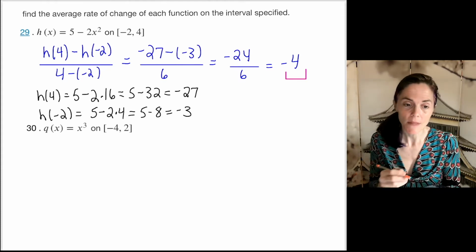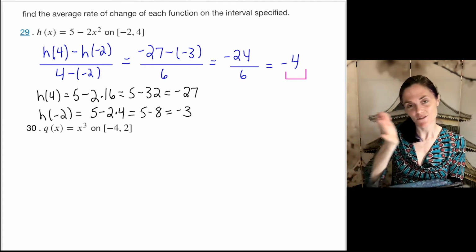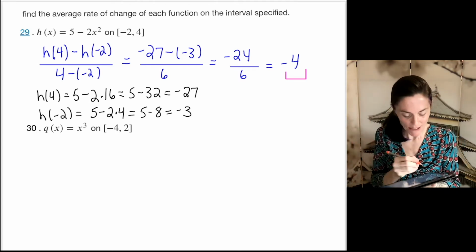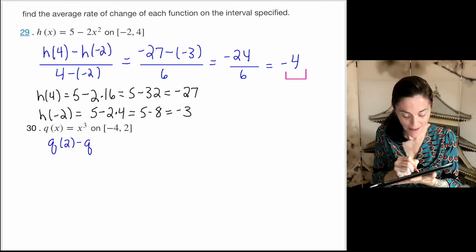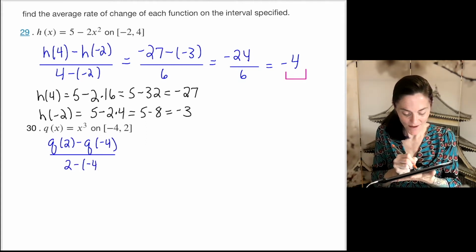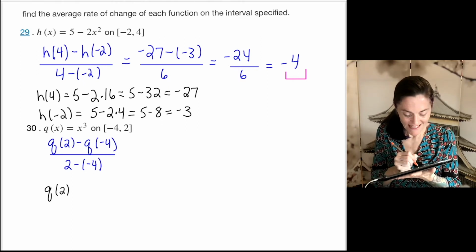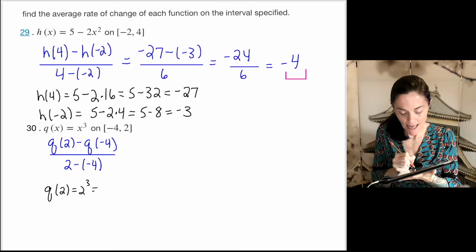Number 30, we will have q of x is x cubed. We want the average rate of change between minus 4 and 2. This will be q of 2 minus q of minus 4, and then we divide by 2 minus 4. Well, q of 2, this is 2 cubed, which is 8.